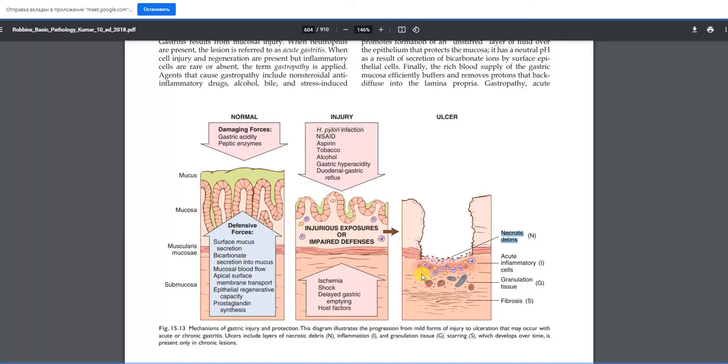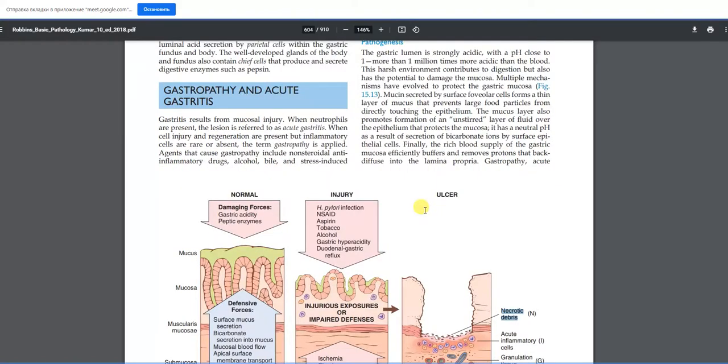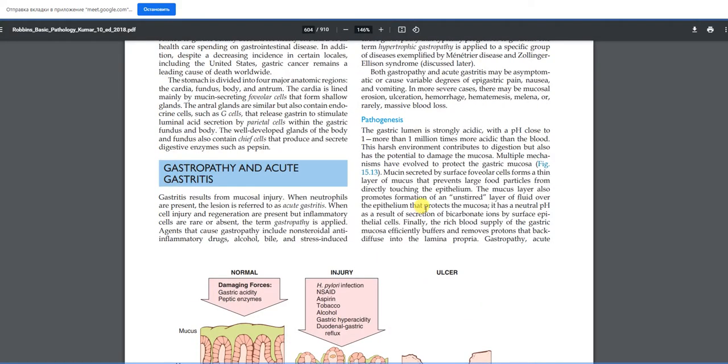Nowadays it's rare because we have very good medicamentous treatment of ulcer, but still sometimes the ulcer progresses even through the submucosa and to the muscularis externa. It leads to profound bleeding. Here we have to make surgery, and it might also lead to perforation of the ulcer. Okay, so here you can read about it.